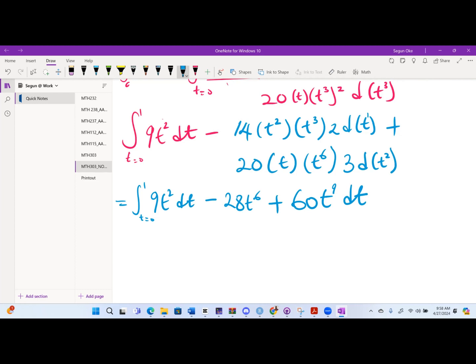Now we can integrate. When you know the meaning of integration, when you integrate this one, you'll be what? 9 t raised to power 3 over 3.